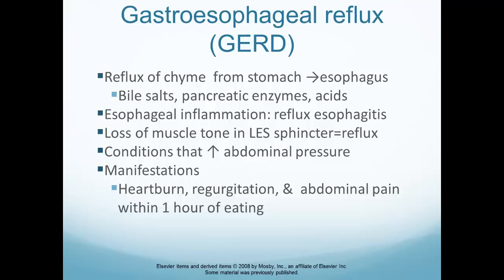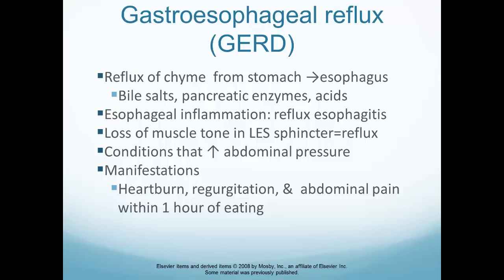That's why all of these ads are on TV for things like Pepcid and Prilosec and Nexium and all those other medications that decrease the amount of stomach acid and decrease the amount of reflux disease that we see. So we're having reflux of acid and our digestive enzymes from the stomach back up into the esophagus, which causes a little burning on the inside of the esophagus.